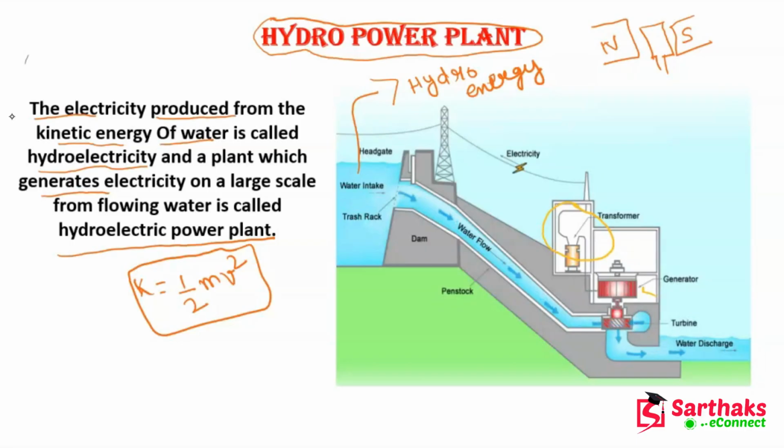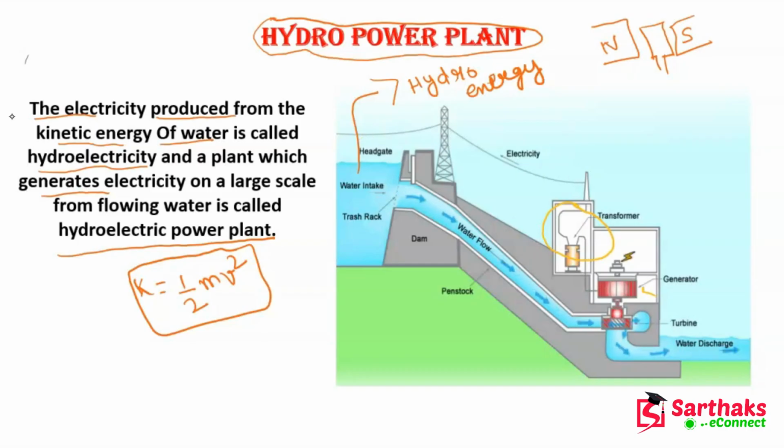I have told you. Now let me explain the working of the hydropower plant again. In a hydropower plant, there is a dam. By this dam, lots of water is stored at some height.